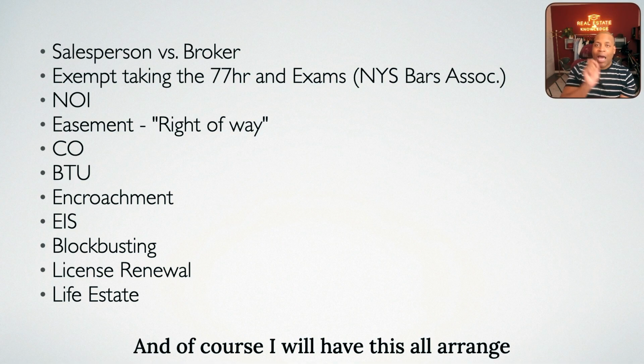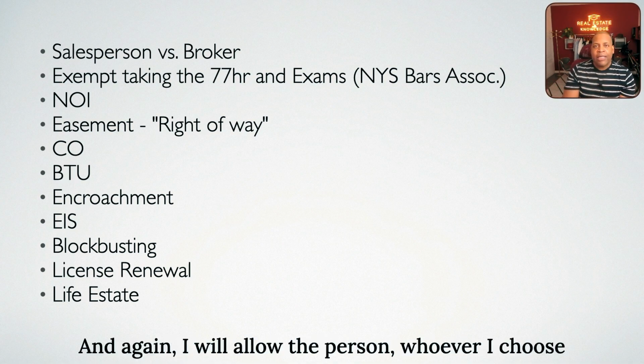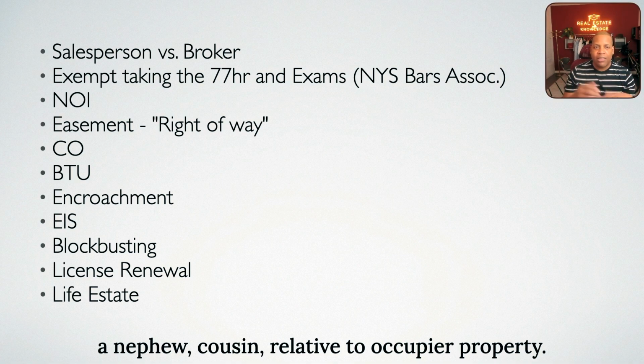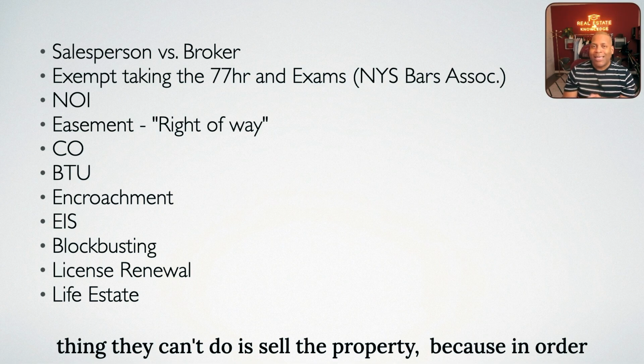Of course, I will have this all arranged while I'm still here on earth. I will allow the person, whoever I choose, a nephew, cousin, relative, to occupy the property. They can even take a loan out on the property, but the only thing they can't do is sell the property, right?